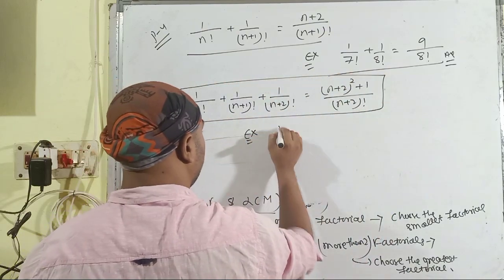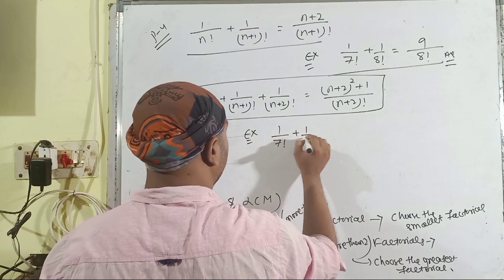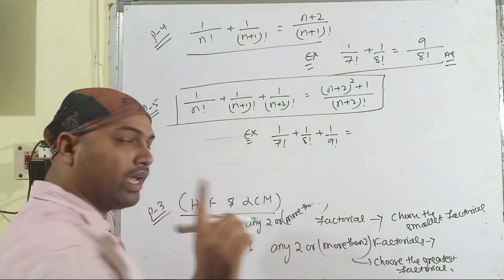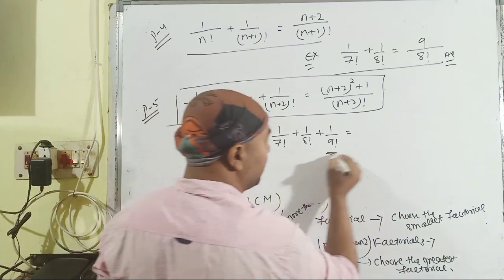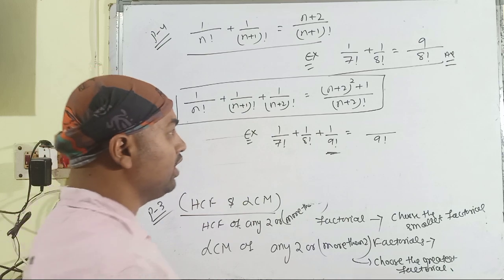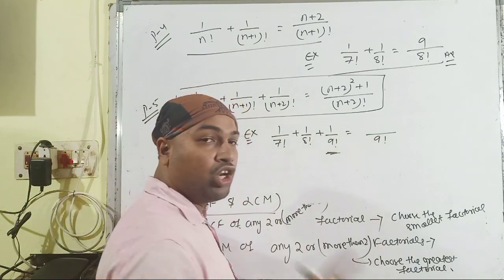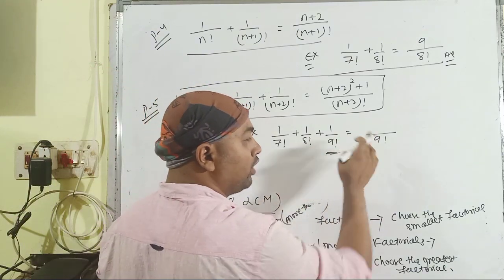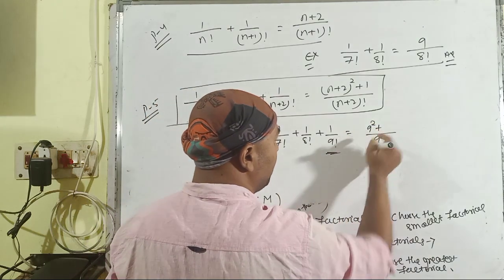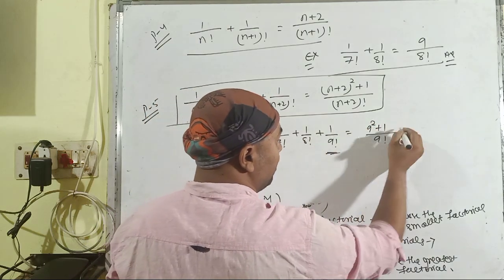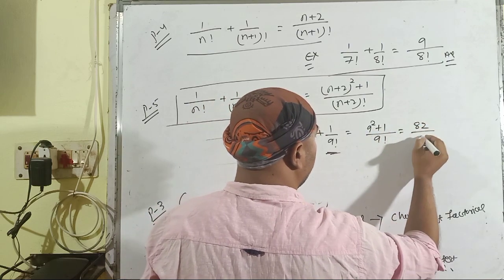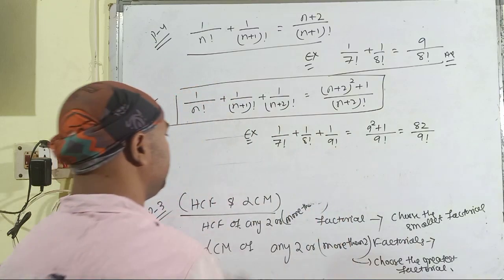Let us take an example. 1 upon 7 factorial plus 1 upon 8 factorial plus 1 upon 9 factorial. Then again we have to choose the greatest factorial, and that is 9 factorial, and let us put 9 factorial in the denominator part. Then in the numerator part, just find out the square of the last number, that means 9 square plus 1, that means it is 82 divided by 9 factorial.